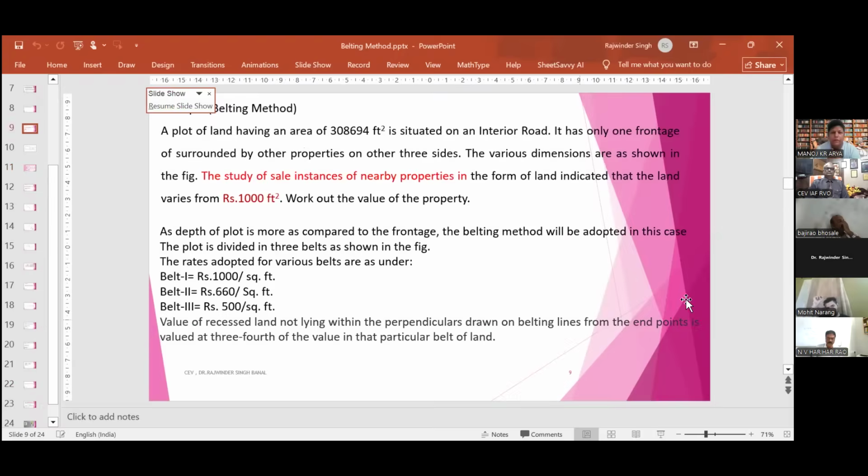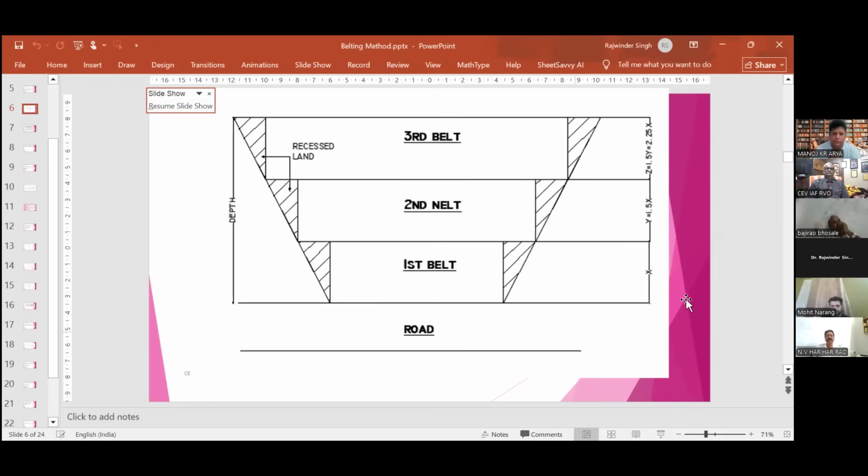So see here how it is done. First thing is what we generally do. See here, if your plot is like this plot, it is not always that plot is rectangular. Maybe you get a plot of this shape. As you go towards the depth, width goes on increasing.